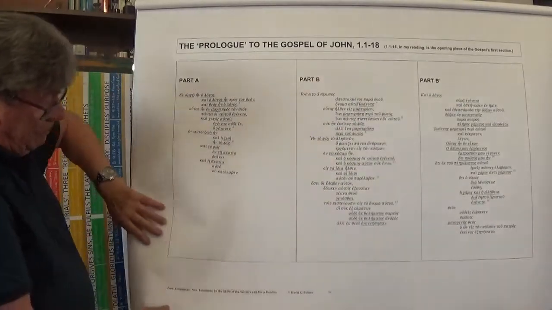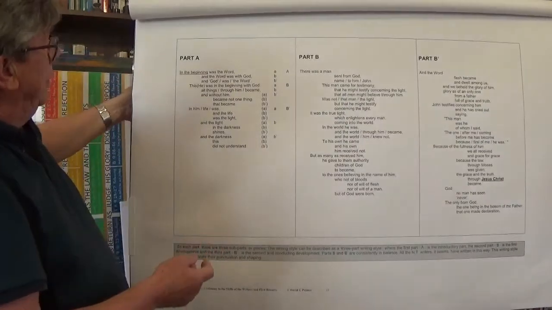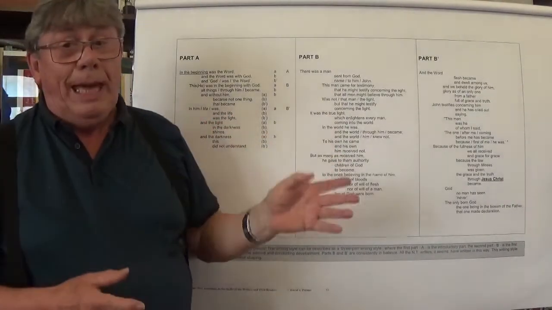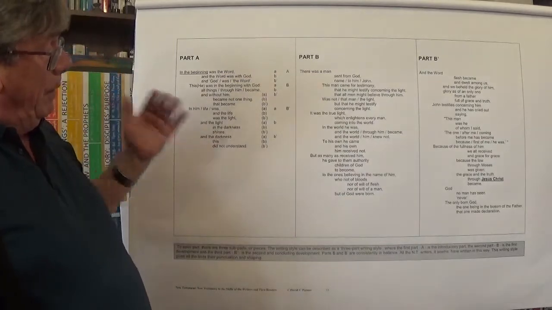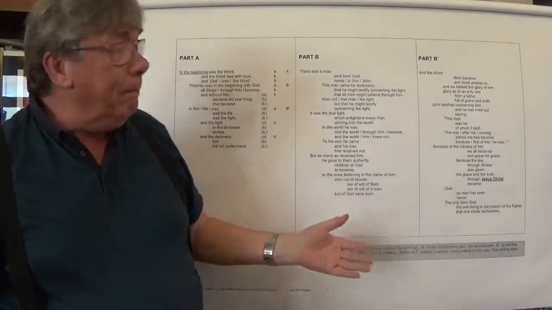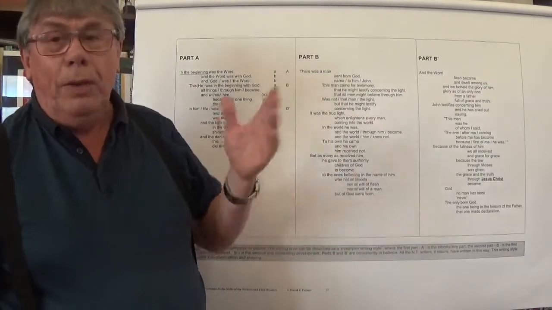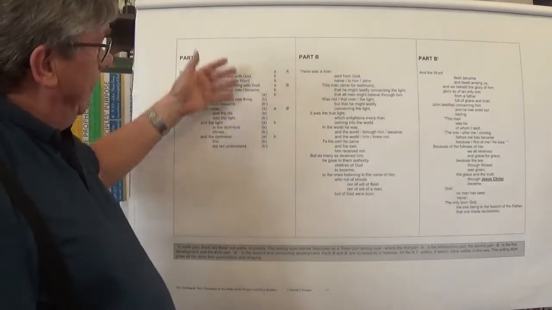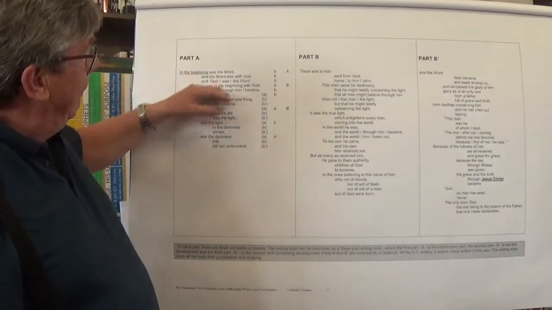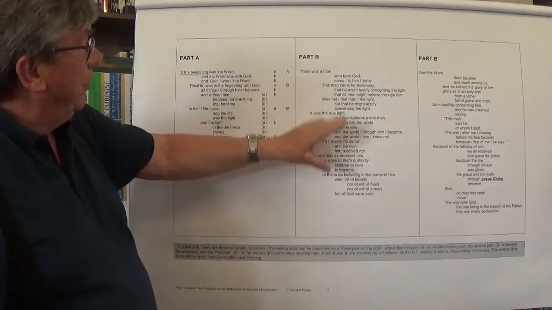Let's turn over and see it in its literal English. And there has been so much debate about this prologue, whether or not it was an earlier hymn. All those arguments go out the window because we can see it in its context in the gospel, but see it for the syntax by which it's constructed.